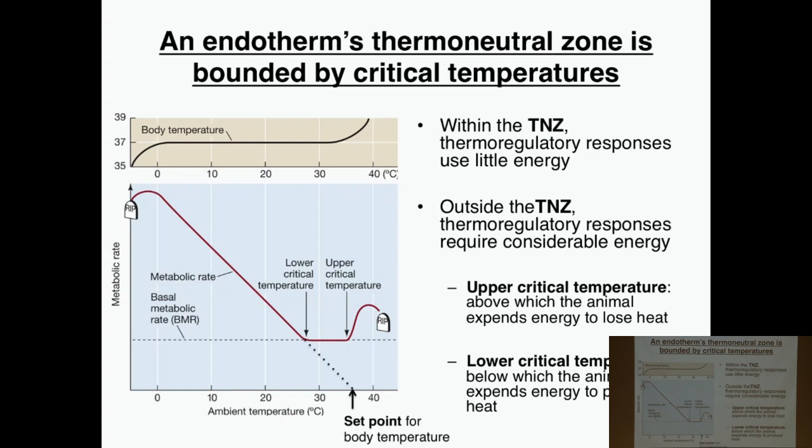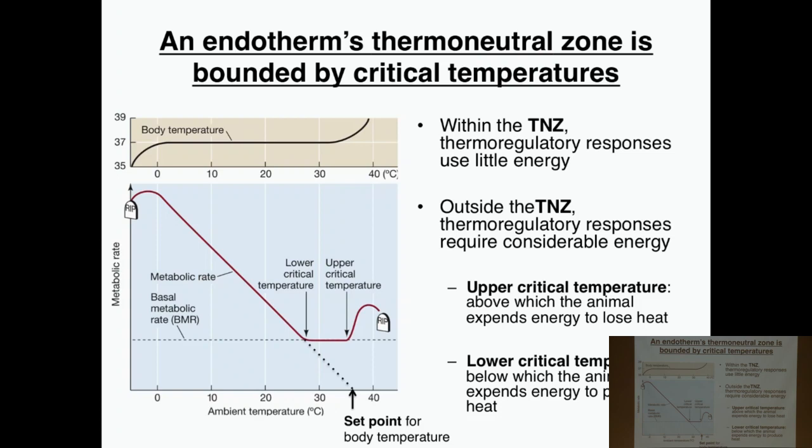You can also extend the slope of this line down to identify the set point for an animal's body temperature, which tends to correspond to something close to but slightly below the upper critical temperature. I also want to mention that I wouldn't use the scale, like the death point, on this graph.